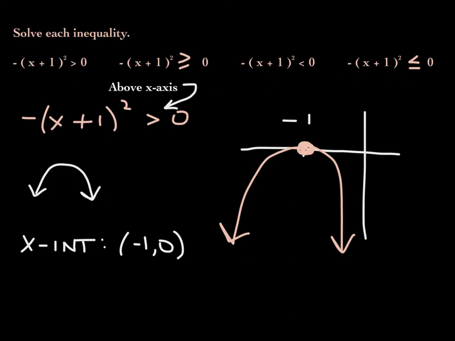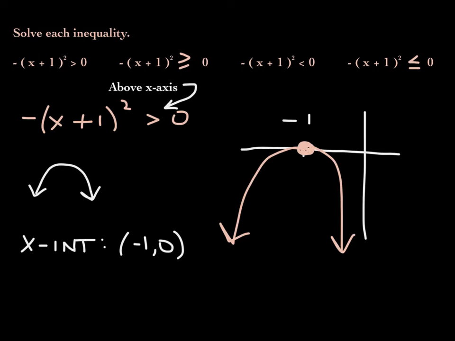So again, all we really cared about was the x-intercept and the direction. Just for this example, notice that the x-intercept happens to be right on the x-axis. And notice that whenever the x-intercept happens to be right on the x-axis, that is also the vertex. It's kind of cool.